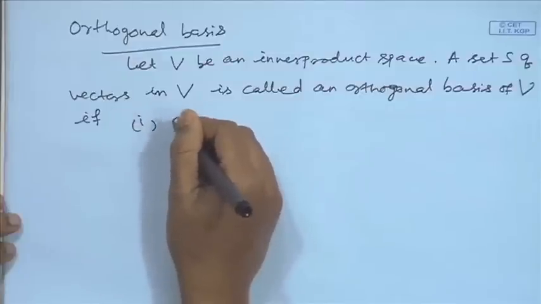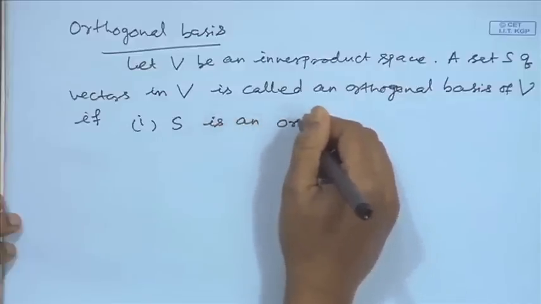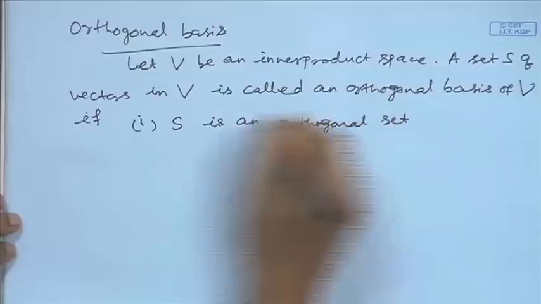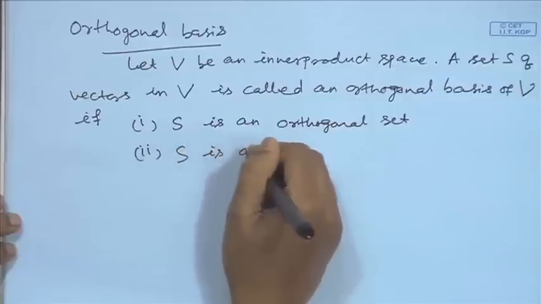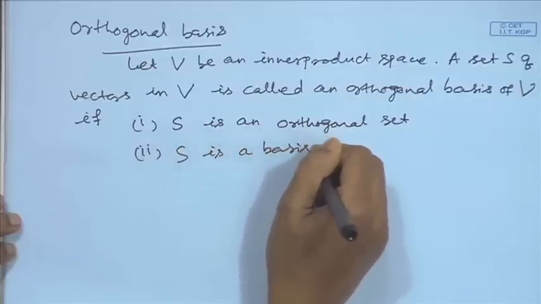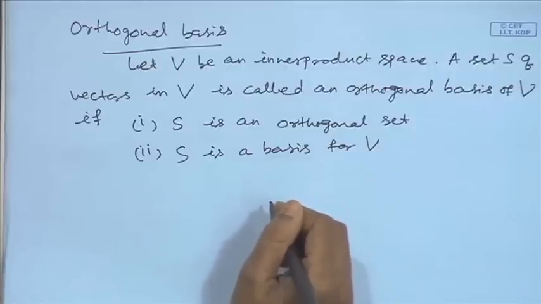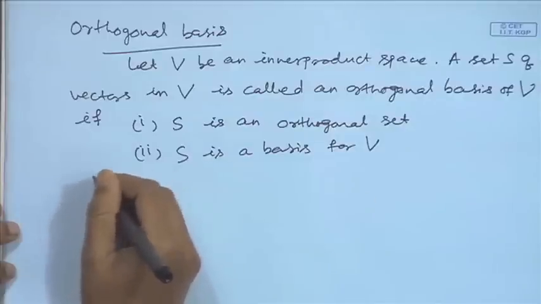The first condition is that S is an orthogonal set, and the second condition is that S is a basis for V. That is, a set of vectors in an inner product space is an orthogonal basis if it is a basis and every pair of distinct vectors in S are orthogonal.